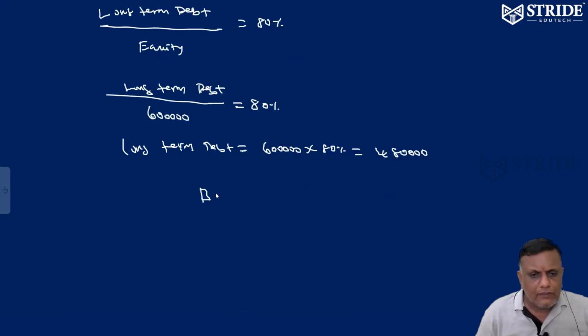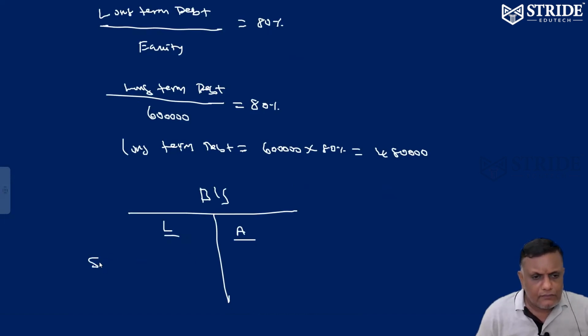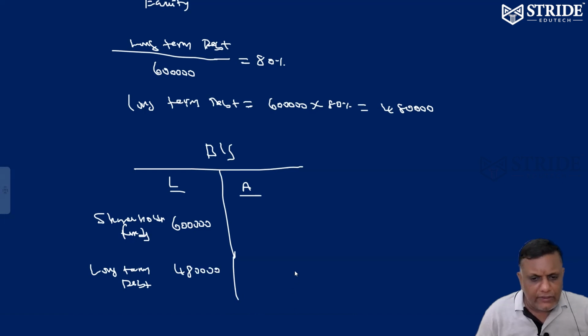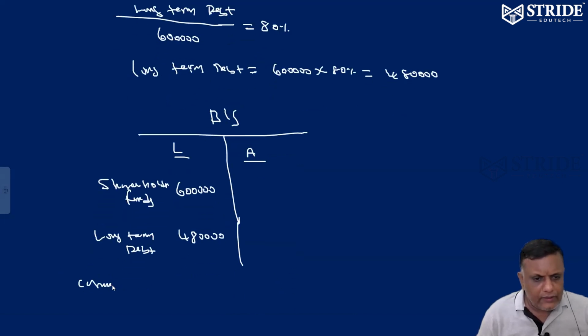Now, rough balance sheet. Liability side and asset side. The shareholders funds are 6 lakhs. Long-term debt 4 lakh 80,000. Rough balance sheet. So the balance figure is current liability on the liability side.